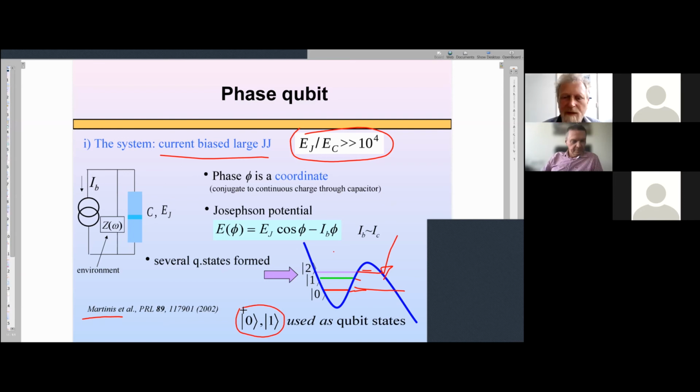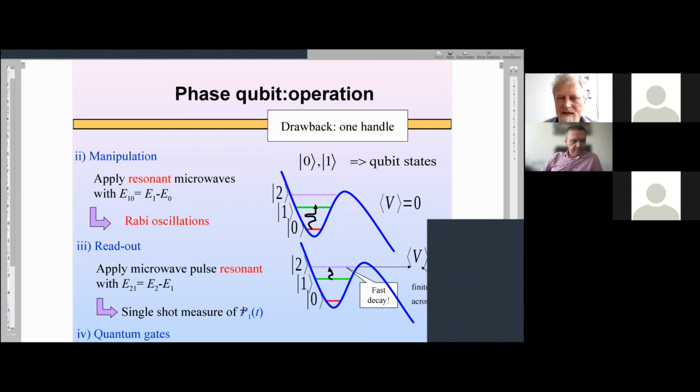What to do with this qubit and how to measure this qubit? Manipulation was pretty much the same as it has been done since the invention of magnetic resonance.